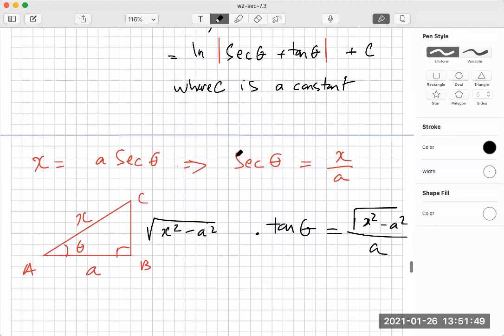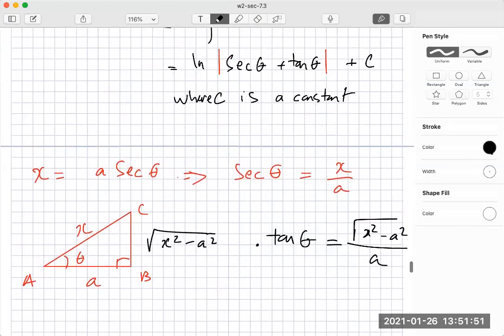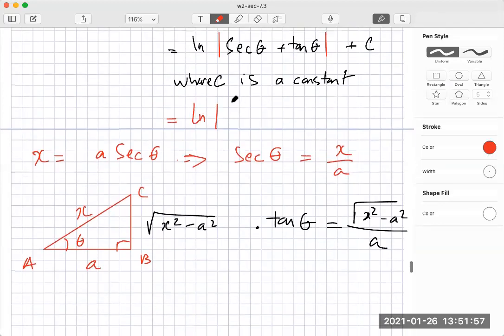So then what we need to do is to substitute the value here, right? It would be natural log of secant theta, which is x over a. And here tan theta will be the square root of x squared minus a squared divided by a, okay, and plus c, okay?